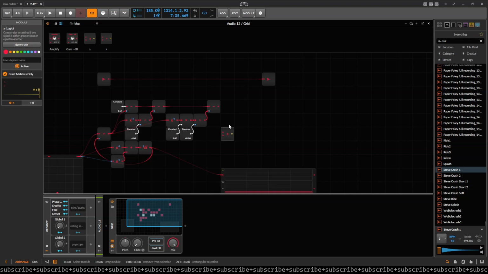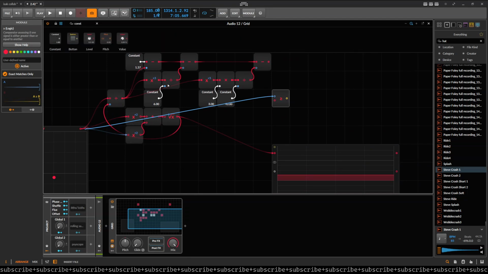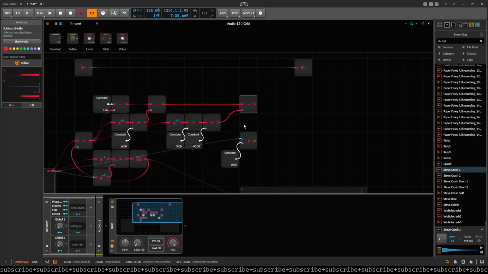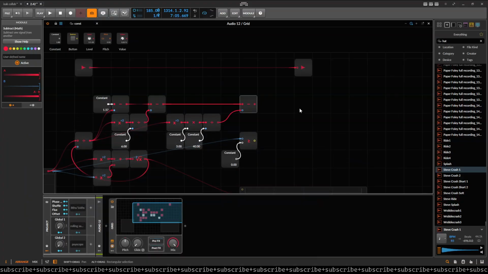If y is bigger or equal to 0. So get a blue Y wire here. Get a constant, which is 0. This is positive, I think. And if y is smaller than 0, this is negative.